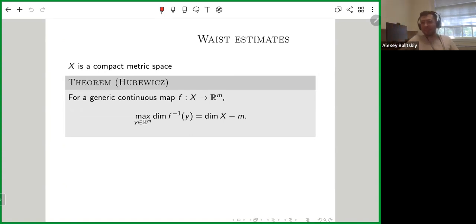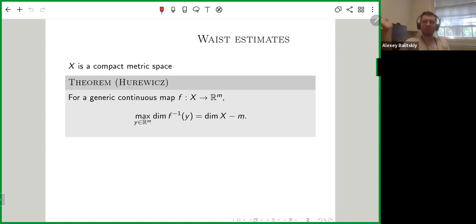Another thing that you expect to be true for dimension. And feel free to tell me that this is not interesting for this audience, and I'll just skip. Another thing that is true for the usual dimension is the following. If you have an n-dimensional space and you slice it by an m-dimensional family of certain subsets, then at least one of those subsets has got to be at least n minus m dimensional.